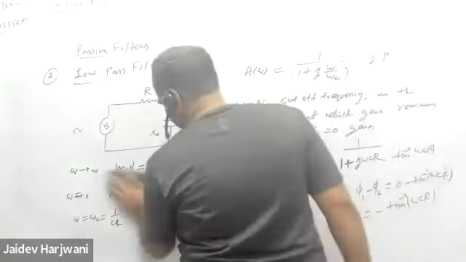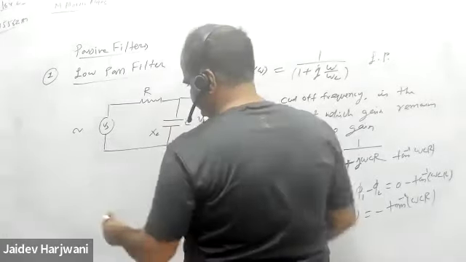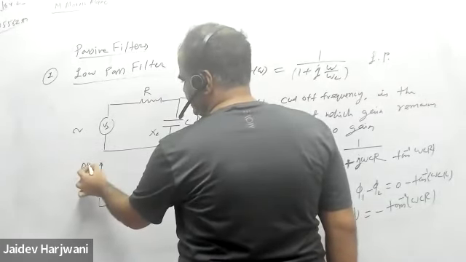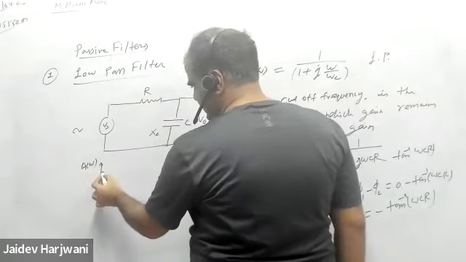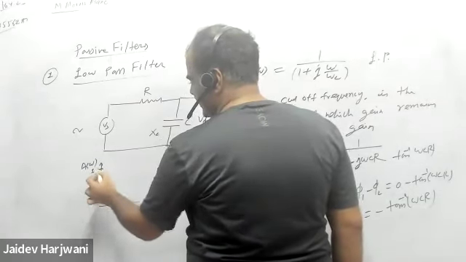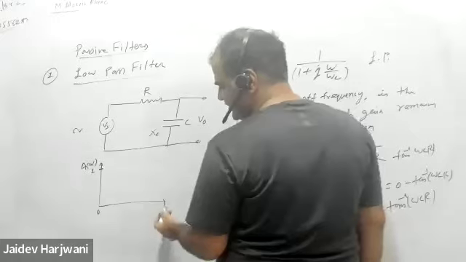If I plot my gain as a function of frequency, the gain is 1 at 0 frequency. You can use omega or f.